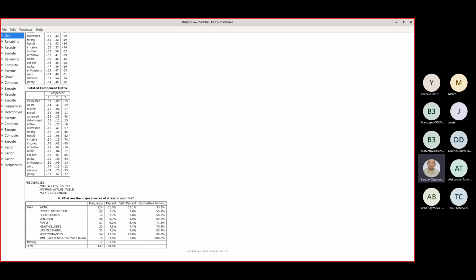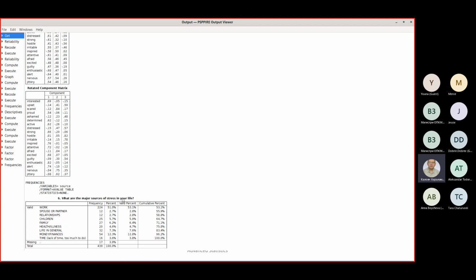So for 224 individuals, work is main source of stress in their life. For 12 persons, spouse or partner is the main source of stress in their life, and so on.